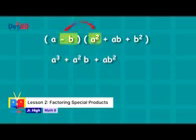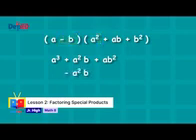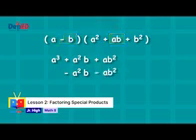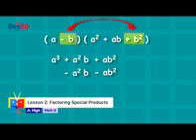We will have negative b times a squared is negative a squared b. Then, negative b times ab is negative ab squared. And negative b times positive b squared is negative b cubed.